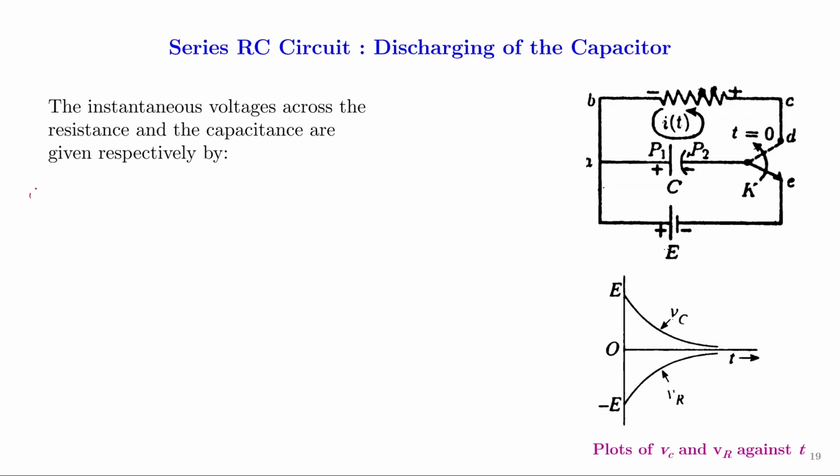The instantaneous voltage across the resistor VR(t) is given by R times i(t), and this is equal to negative q0 over C times e raised to minus t over CR, and this is equal to negative E times e raised to minus t over CR.